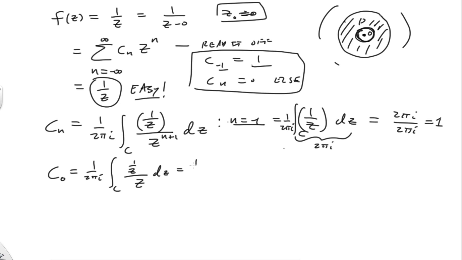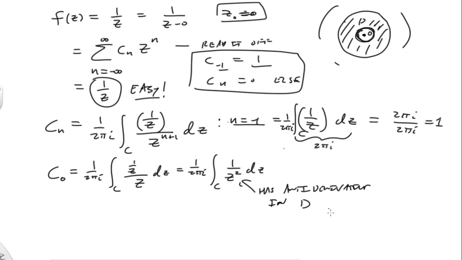And that becomes 1 over 2 pi i, integral around our contour of 1 over z squared dz. This has an antiderivative in the domain. All right, so we know from Cauchy-Goursat that this has to be 0.